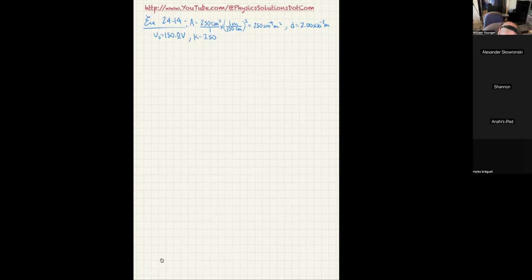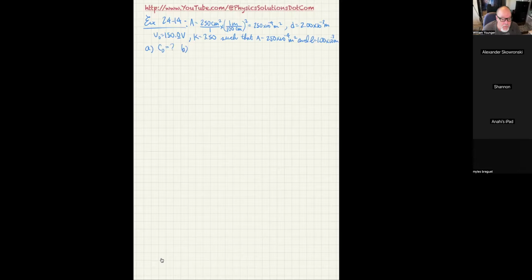So A equals 250 times 10 to the negative fourth square meters, and L is equal to 1.00 times 10 to the negative third meters. And what we want in part A is the initial capacitance, which I'm going to call C0, of the air-filled capacitor.